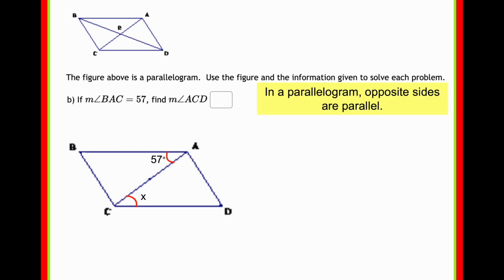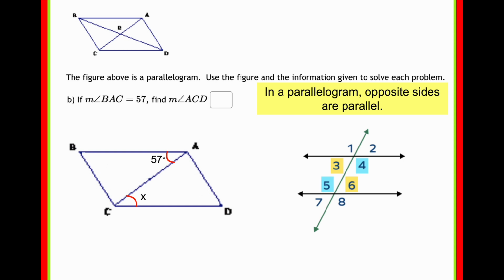According to our properties, we know that in a parallelogram, opposite sides are parallel. But how does that help us with these particular angles? If I have parallel lines, remember that parallel lines form several angles. And in these notes, we label them as 1, 2, 3, 4, 5, 6, 7, 8.